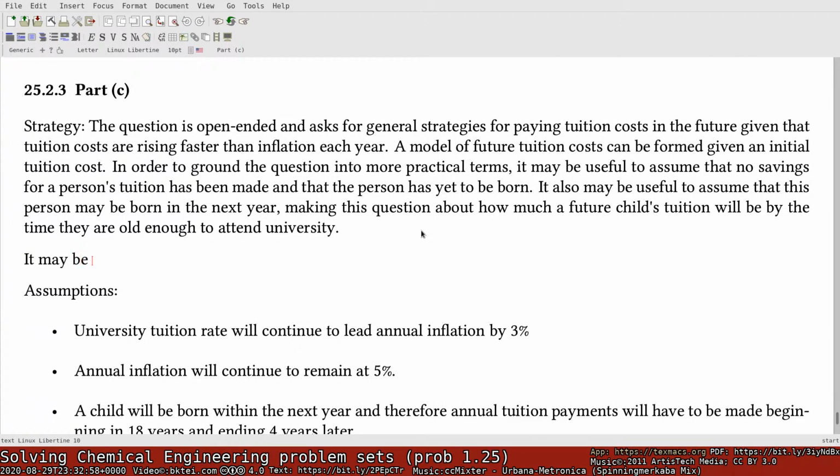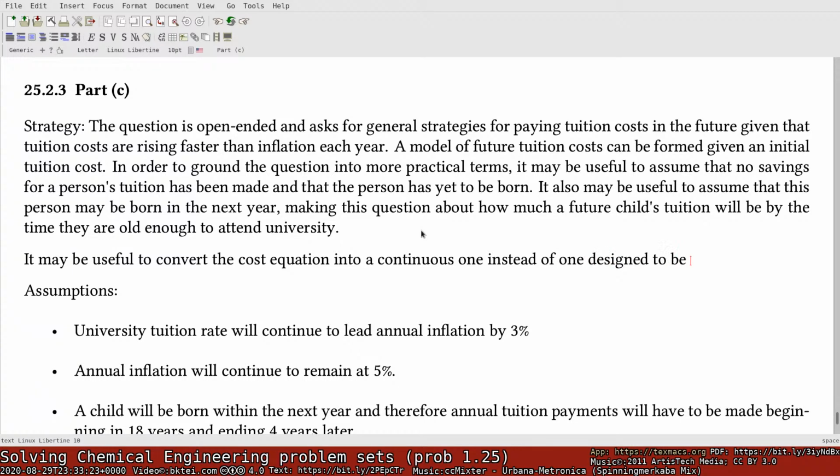It may be useful to convert the cost equation into a continuous one instead of one designed to be evaluated annually.